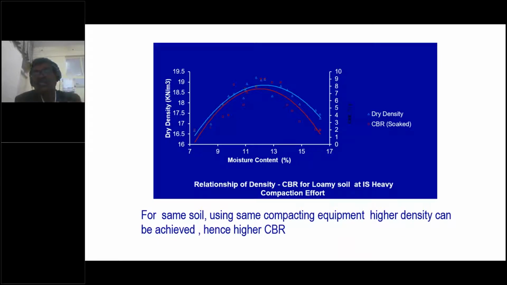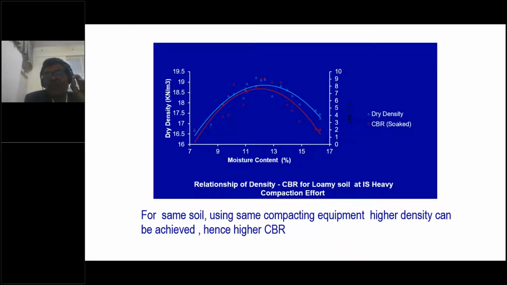The consequence is I can save the extraction of a huge quantity of materials. You may be aware that for just 4-laning one project, one package, let's say 50 to 70 kilometers, we use millions of cubic meters, lakhs of cubic meters, of soil and aggregates. If we save just a few mm of the layer thickness, we save a huge quantity of materials.